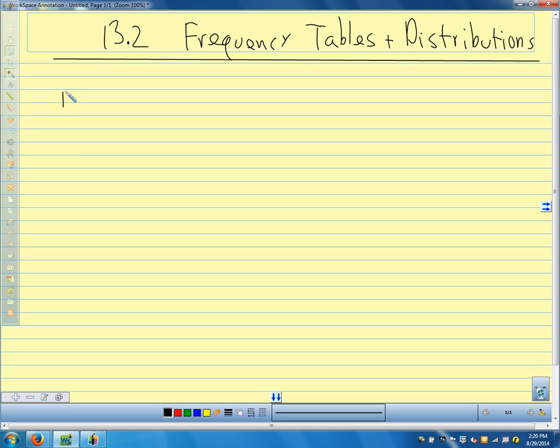Our frequency table. Sounds very fancy. A frequency table is just a chart that lists how many times a certain thing happens, or occurs.